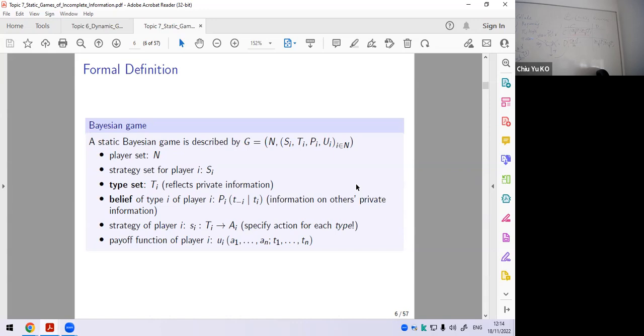In this case, firm 1's strategy is simple because firm 1 knows his cost, so he just has one strategy. But firm 2's cost can go from 0 to 10. You need to tell me, for each value of the cost, what her production is. So it's a function, right? It specifies an action for each type.